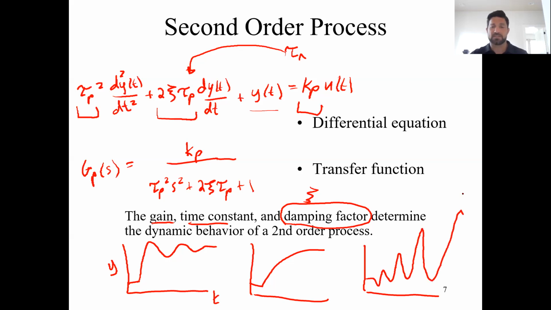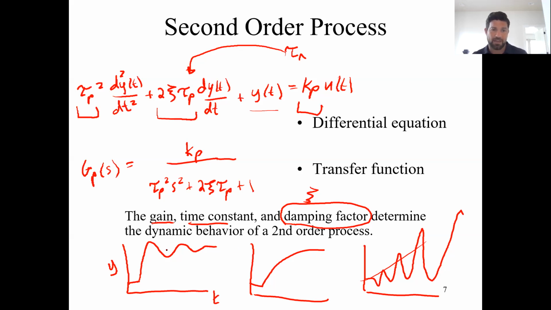And so that would essentially be second order unstable, where it's essentially growing. When we look at stable second order processes, they can have oscillations or they can not have oscillations. If it doesn't have oscillations, it's what's called overdamped, which means the process is essentially already damped out.